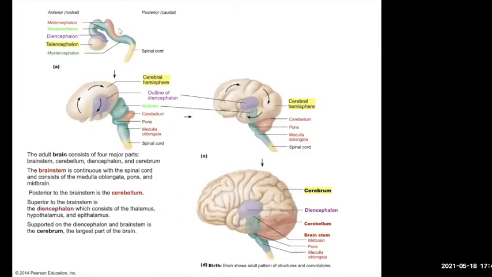So during development, you start off with this tube, and then again, some areas, especially anteriorly, start to go crazy. And if you were a fish or a frog or something, you kind of stop around this stage right here. And your mesencephalon and metencephalon would be about as big as your telencephalon.